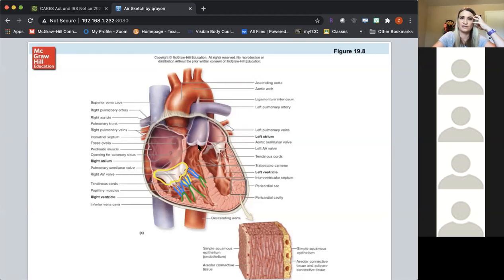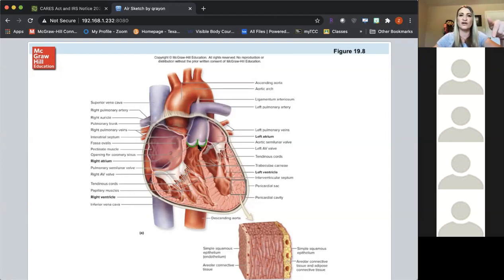It's this right here, right? And the semilunar valves are composed of 3 pouches. On our picture, we just see 2 because you have a cross section of that. So one of those pouches would be dissected. It's on the other half of the heart that we're not seeing.